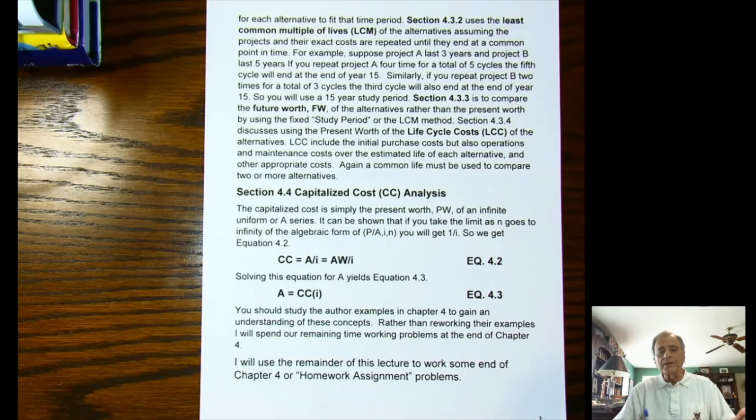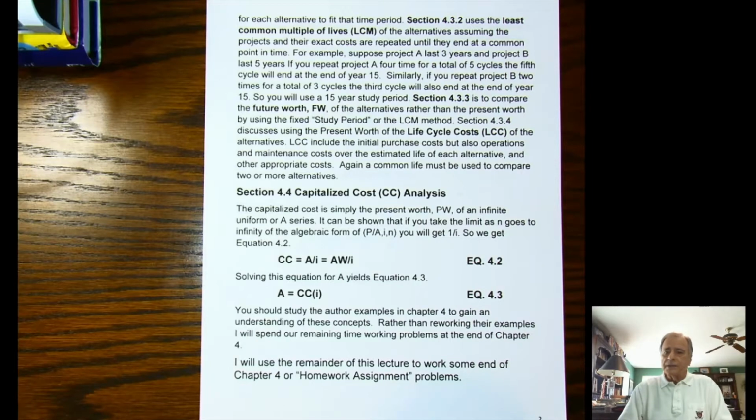And if you had 3 and 5, you'd get 15. If you had a 3 and a 6, well, the 3 could be repeated once, so you had 2 cycles of the 3, and then 1 cycle of the 6, you'd have a common multiple of 6. So that's the way the least common multiple of lives works.